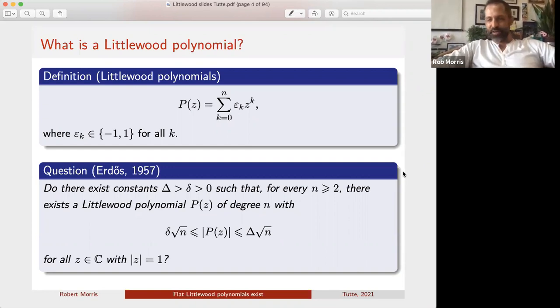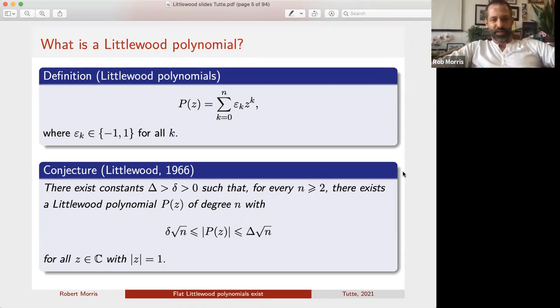And this question inspired Littlewood, who'd been thinking about Littlewood polynomials for a while by this point, to think about these kinds of questions. He spent a large part of the next 10 years thinking about questions related to this question of Erdős. And he made lots of very beautiful and influential conjectures about them.